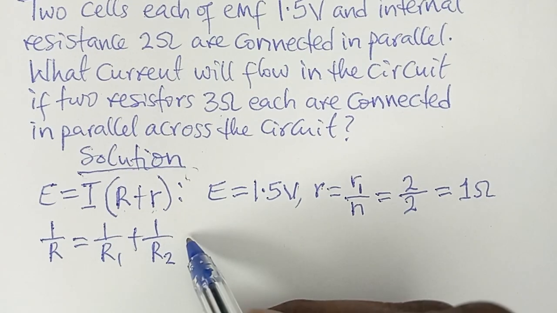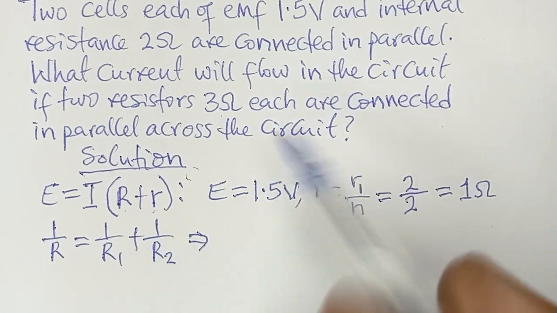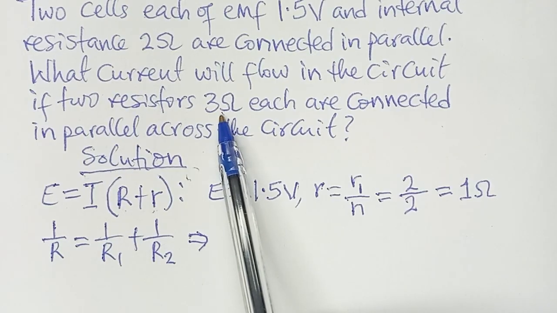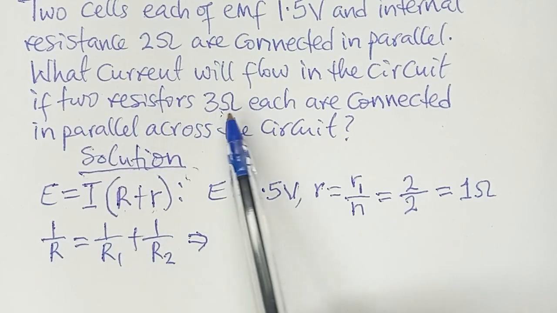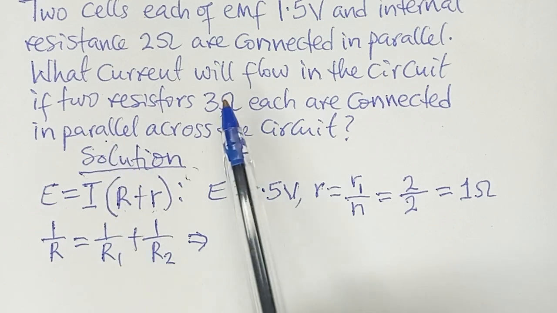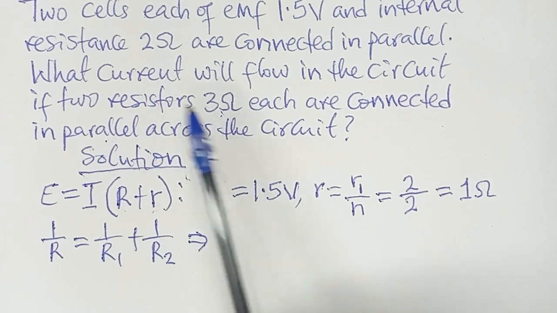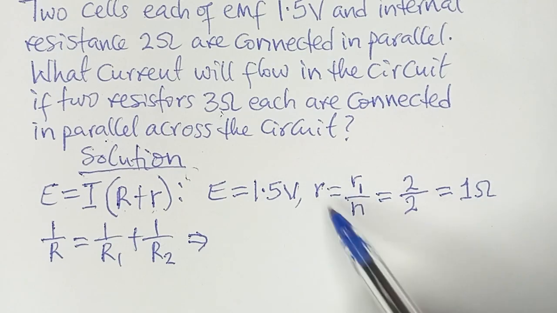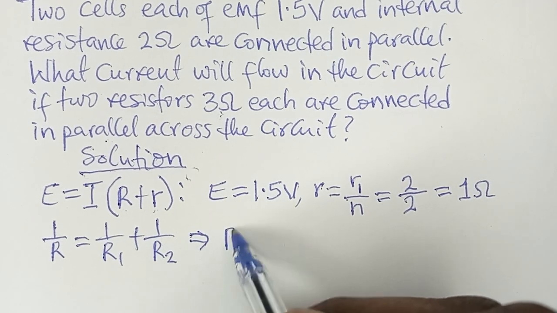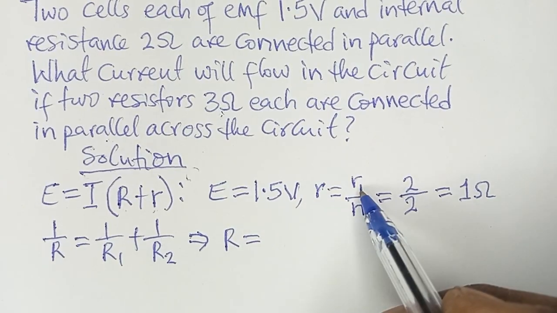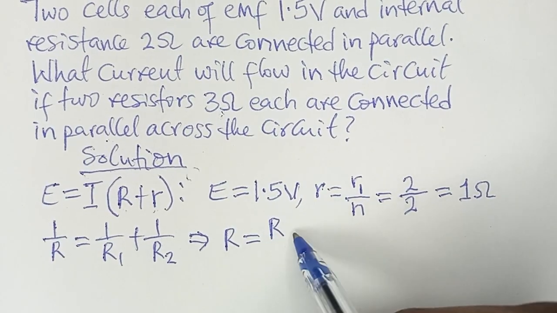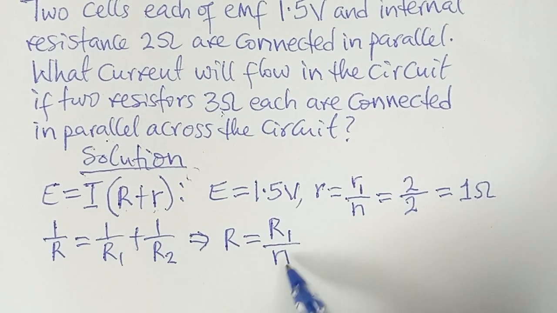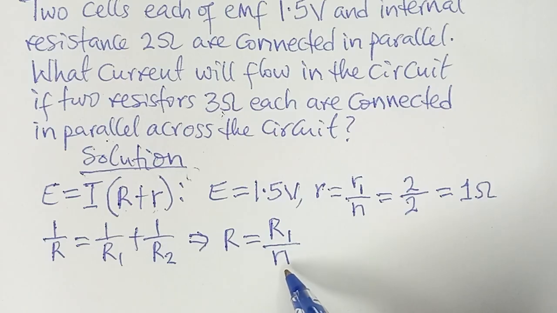But since the two external resistors in parallel are equal, we can simply use this similar formula: R is equal to R1, just one of the external resistors, divided by the number of resistors, N. Take note of that.